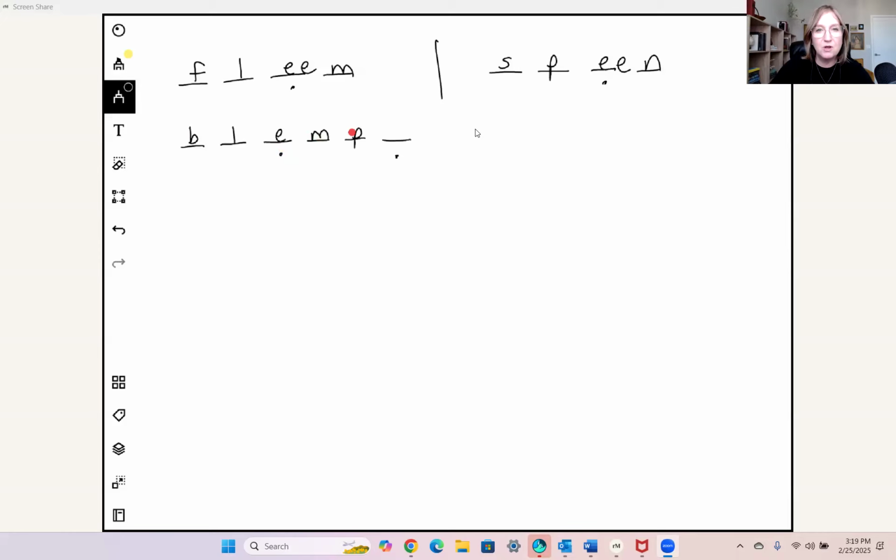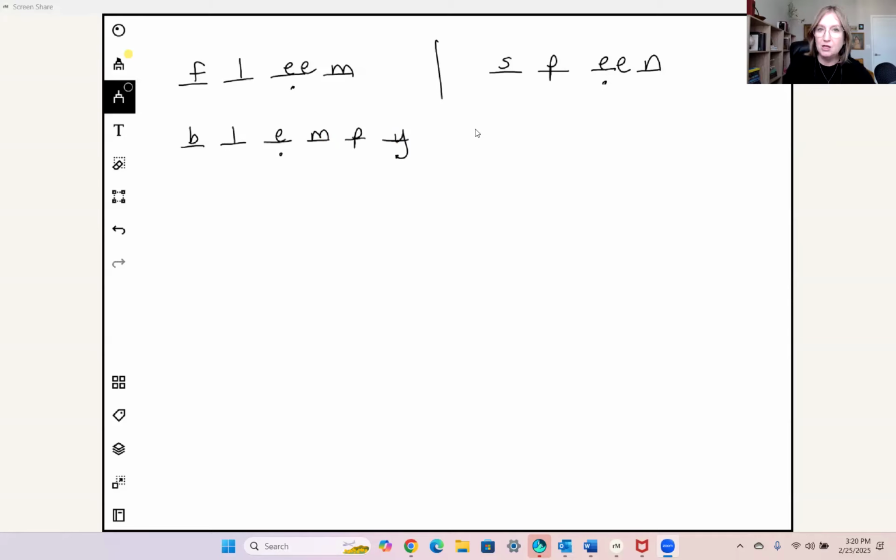It can because there are two consonants after it. What about the E at the end? Am I going to spell it with an E? No, because E's at the end are usually silent. If you hear E at the end, your best assumption is to spell it with a Y. There is blempy.